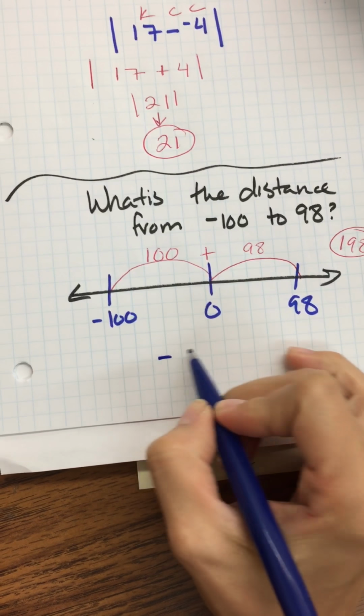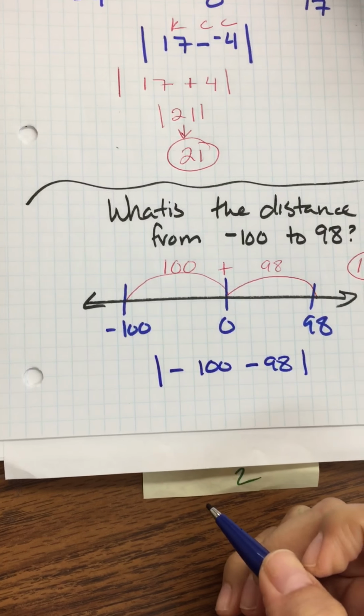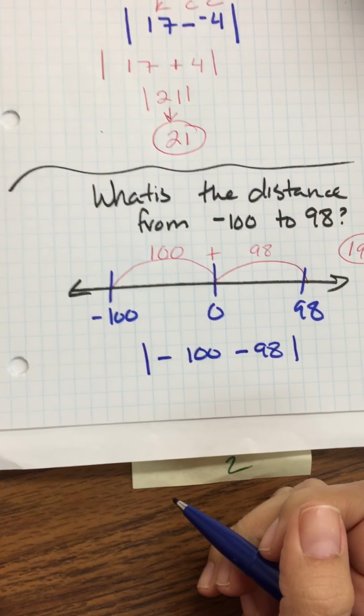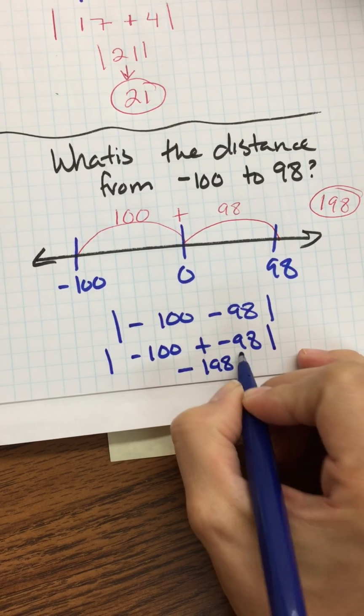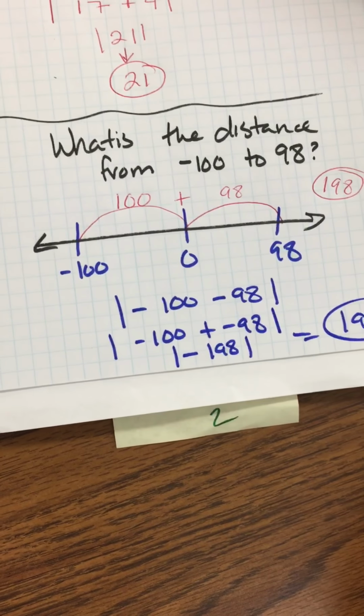That would be -100 minus 98 in the bars. Go ahead and keep change that before. You should end up with -100 plus -98. That gives you -198 in the bars, which gives you 198.